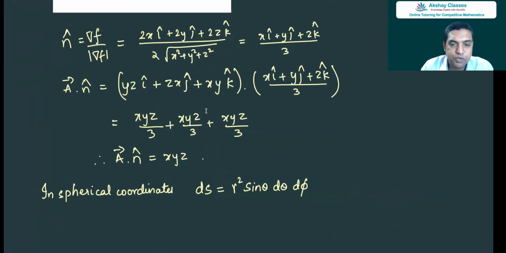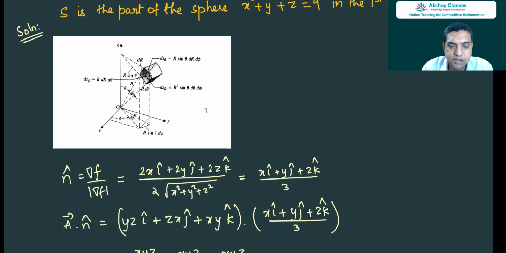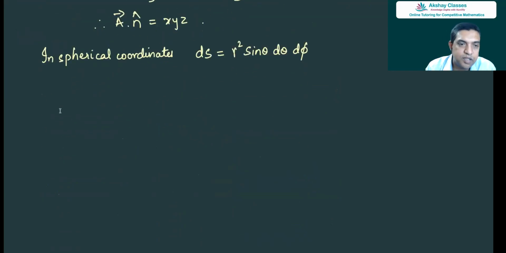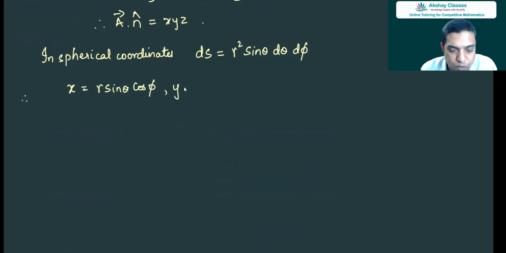Okay. So in spherical coordinates, this is this. So now, in spherical coordinates, we have to write x is r sine theta cos phi, y is r sine theta sine phi, and z is r cos theta.